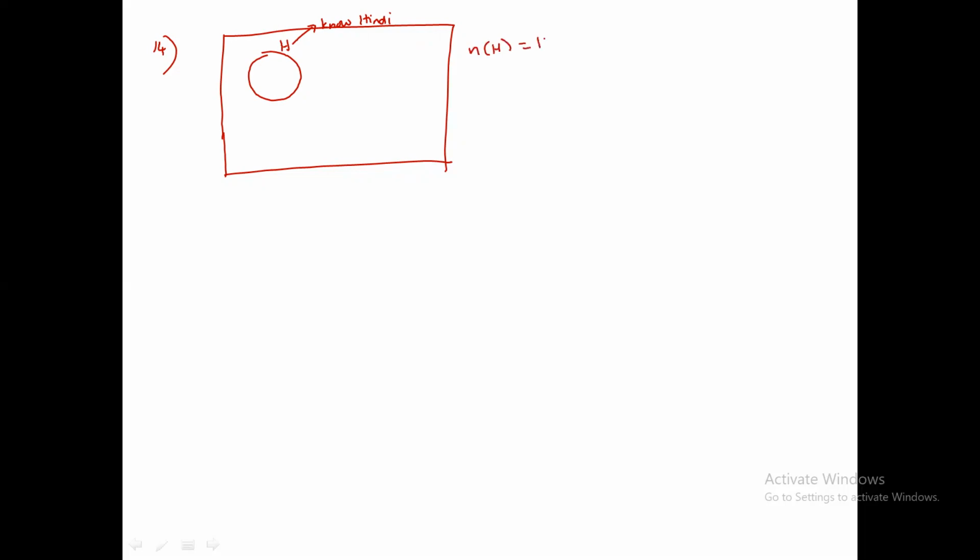Coming to question number 14. There is a group of students. In this group, circle H represents students who know Hindi. The number of students who know Hindi is 100.